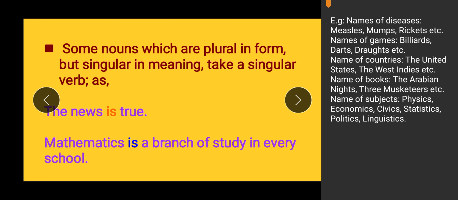See, the word states ends with s, so you may get confused that this is a plural word, but no, this is singular. The West Indies, same. Names of books: The Arabian Nights, Three Musketeers. Names of subjects like physics, economics, civics, statistics, politics, linguistics. In spelling these are plural, but they have singular meaning.